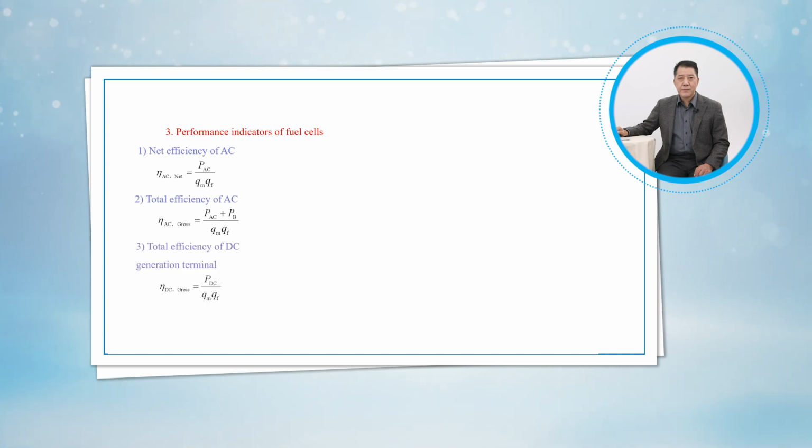Finally, let's talk about the performance indicators of a fuel cell system. The first is the net efficiency of AC, which is defined as. The second is the total efficiency of AC, which is defined as.